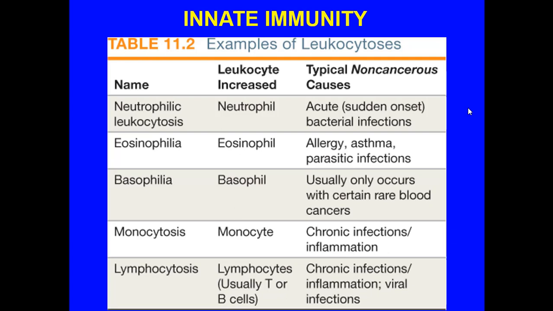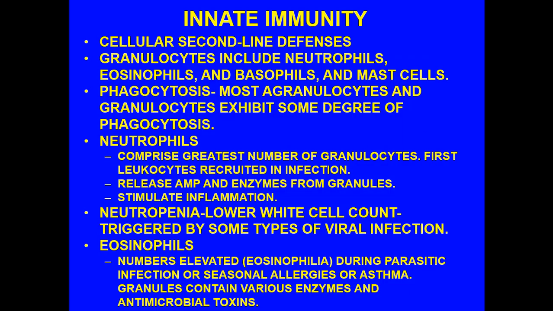Eosinophilia, though, lots of eosinophils, is usually either allergy, asthma, or parasitic infection. If you have an acute bacterial infection, maybe sudden, very quick onset, you're going to see a skyrocketing number of neutrophils.